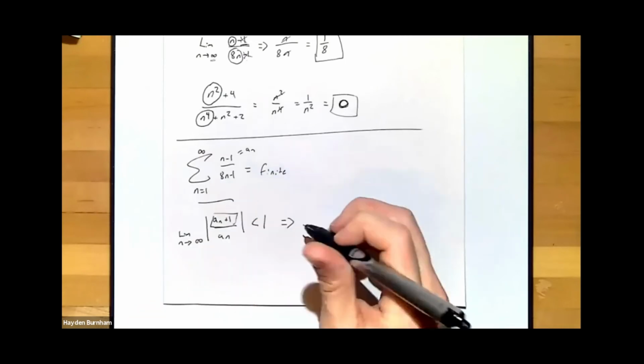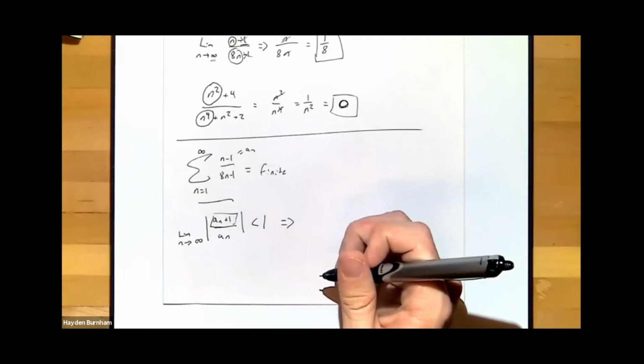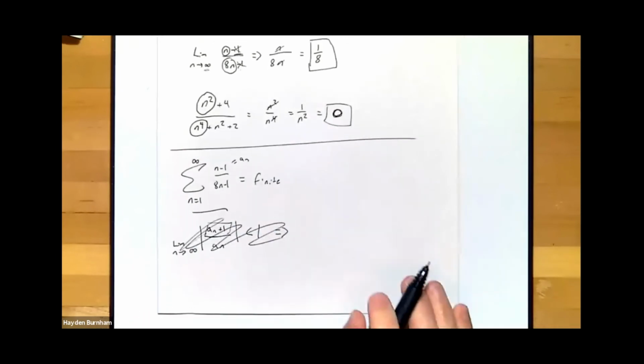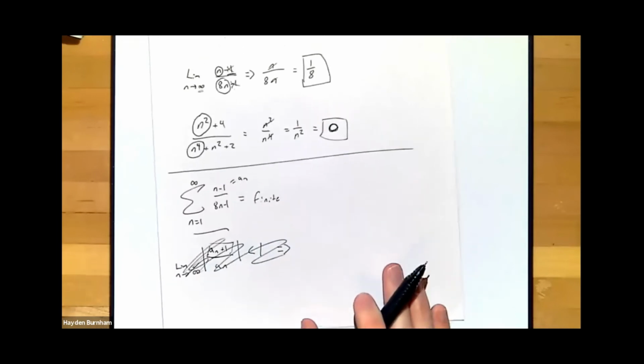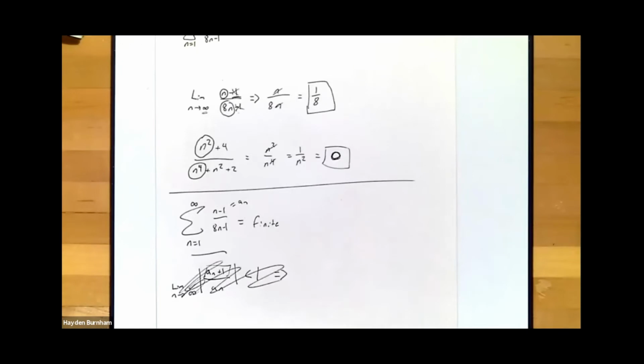So I'm just going to take all these terms. Wait, oh wait, no, I'm wrong. That's power series. Well, you could do that test, but there's actually an easier way of doing that.